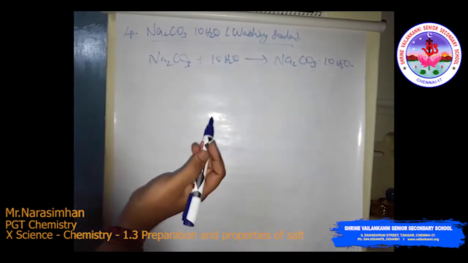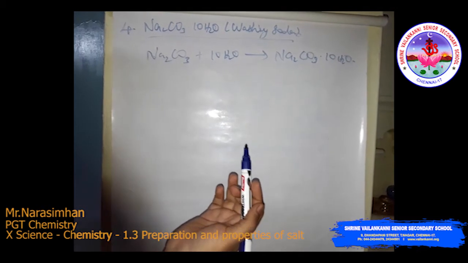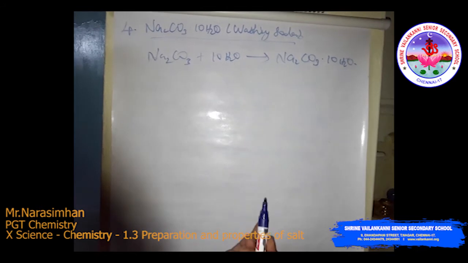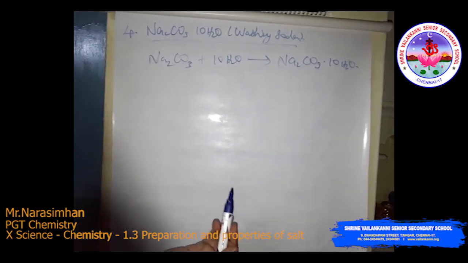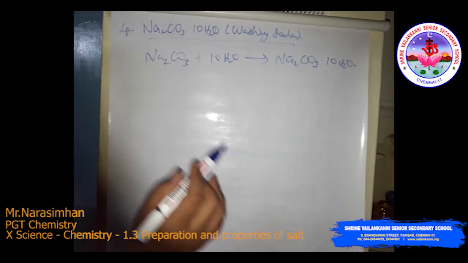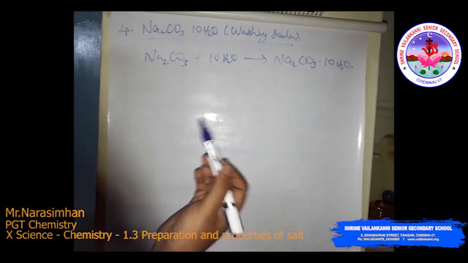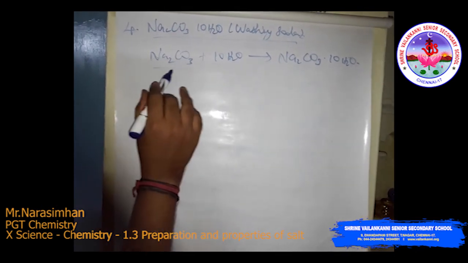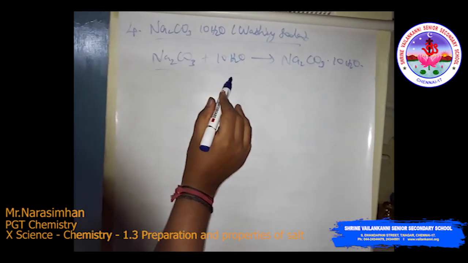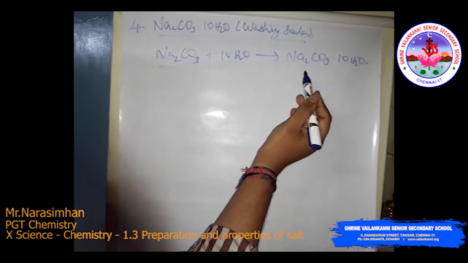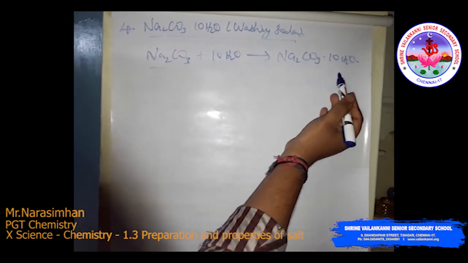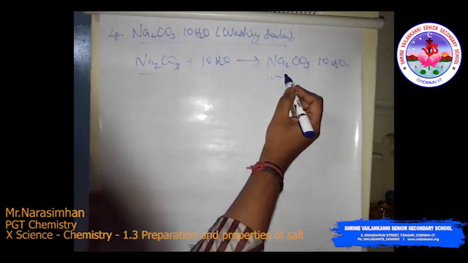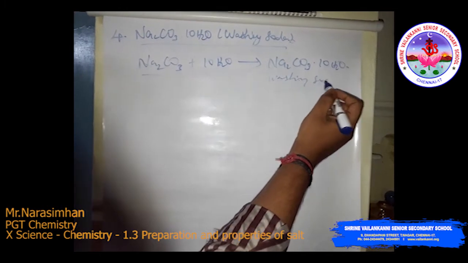In a similar way, copper sulfate, when dissolved in water, gains CuSO4.5H2O on recrystallization. So Na2CO3 with 10 moles of water gives Na2CO3.10H2O, sodium carbonate decahydrate. This is called washing soda.